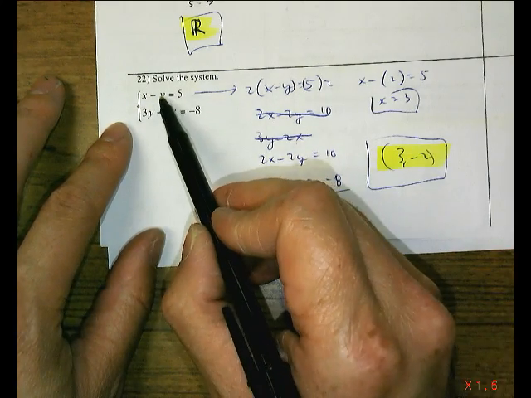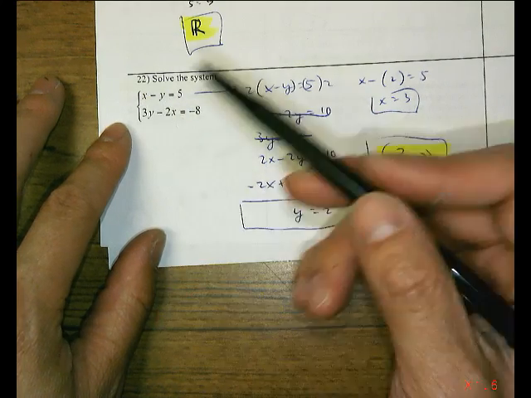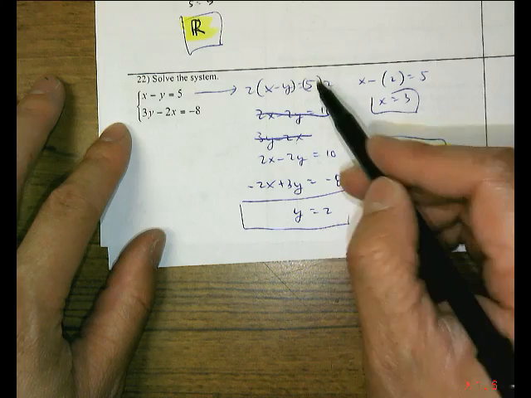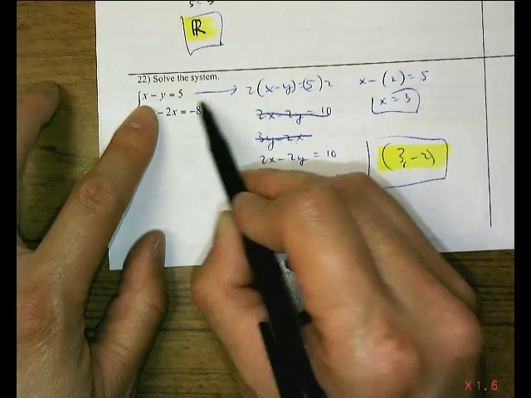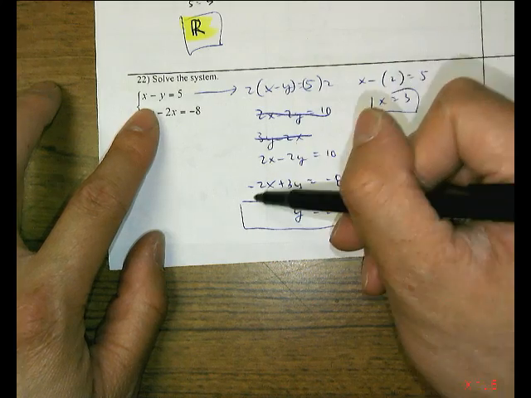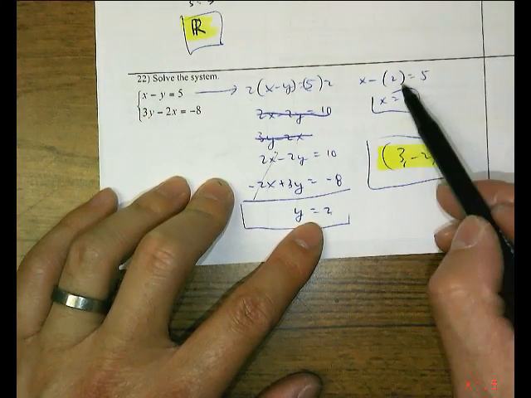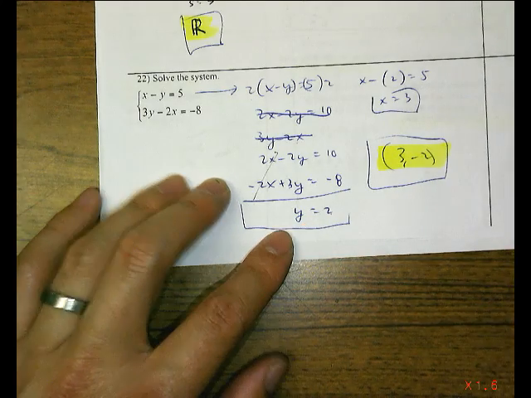So if I aligned them, I would have negative y and positive x. Well, I decided to make my x's cancel. So I took the first equation and multiplied by 2, and you get this. Now when I add down, these will be eliminated, and you're left with just y equals 2. Take y equals 2 into an equation, and you get x equals 3. 3, negative 2 is your solution.